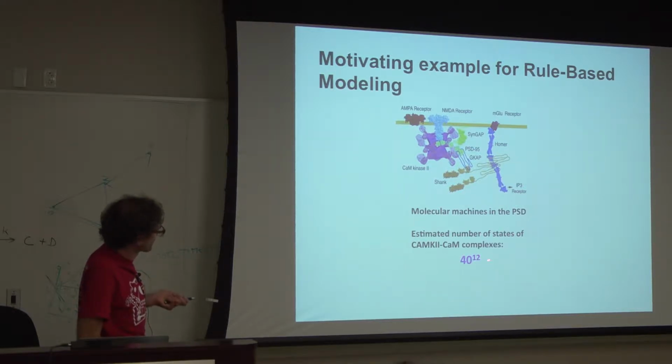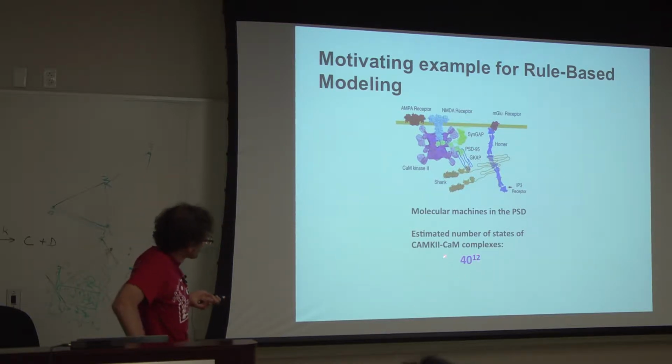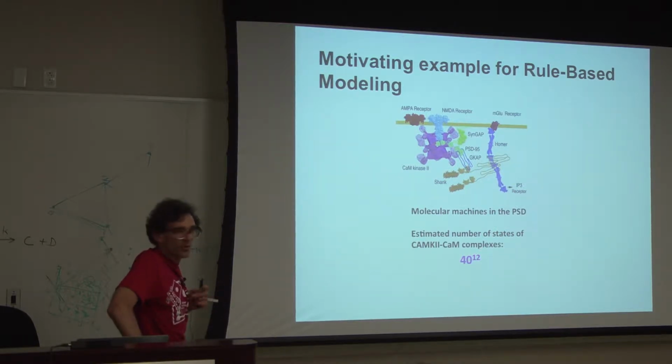So it goes exponentially. In the current model being developed by Tom and collaborators at Caltech, there are 40 different states of each monomer, and because there are 12 monomers, there's something like 40 to the 12 possible different states of that dodecameric complex.